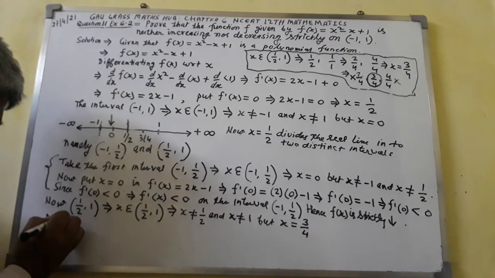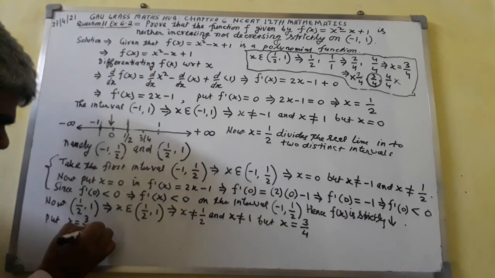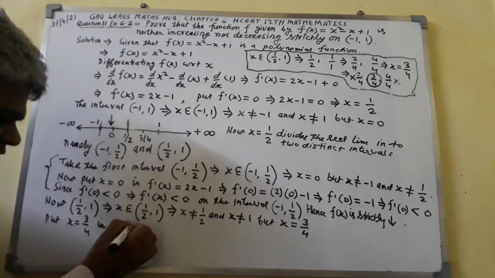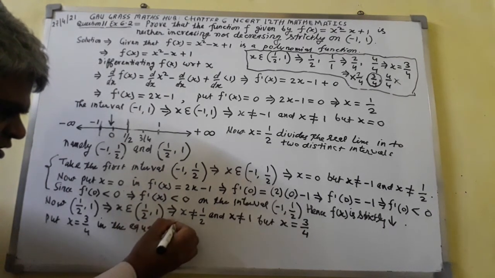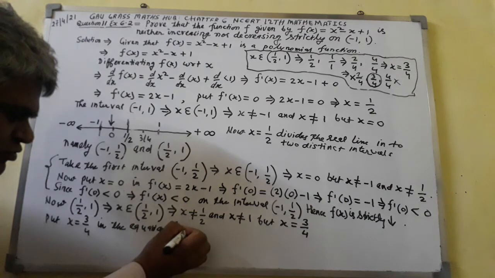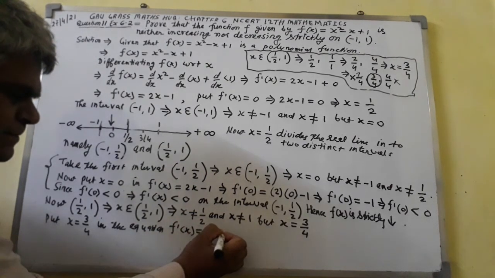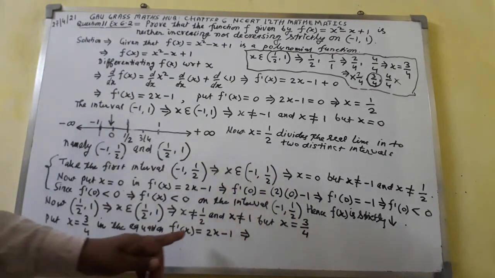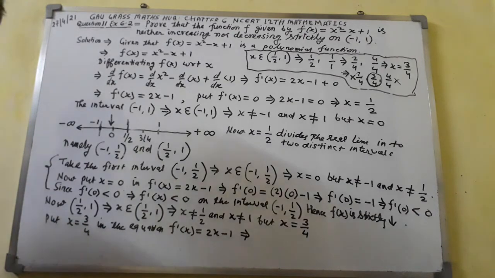So here I shall put x equal to 3 over 4 in the equation f dash x equal to 2x minus 1. This implies that in place of x I shall put 3 over 4.